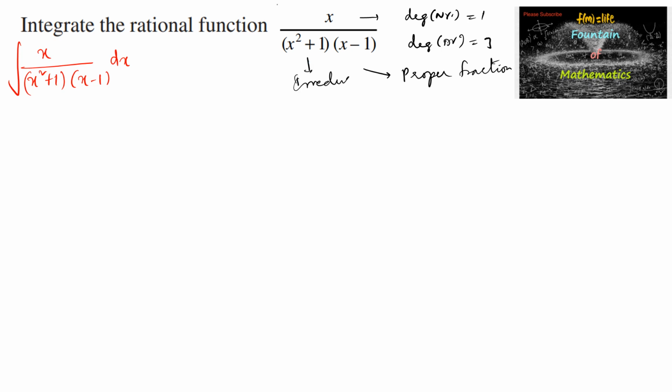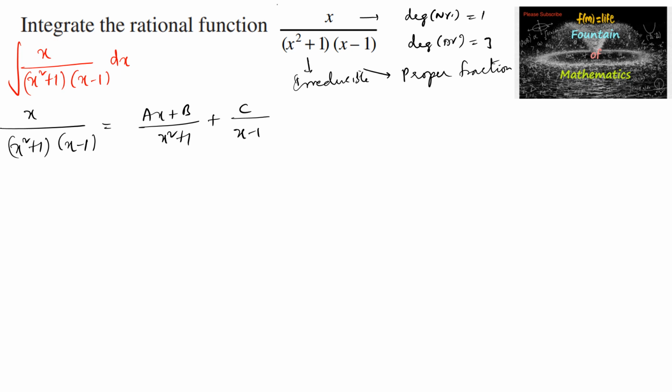We cannot factorize it further, and hence we can write x upon (x square plus 1) into (x minus 1) as (ax plus b) upon (x square plus 1) plus c upon (x minus 1), or x is equal to (ax plus b) times (x minus 1) plus c times (x square plus 1).